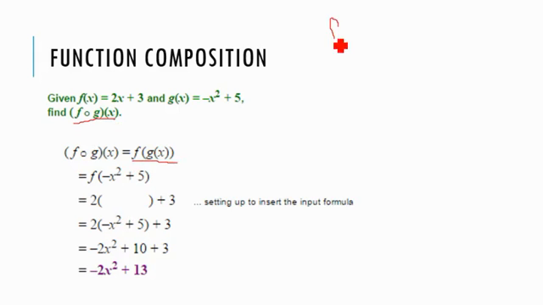So just like if I had f of x equals 2x plus 3. Just like if I had f of 2. What is f of 2, if I was asked that?